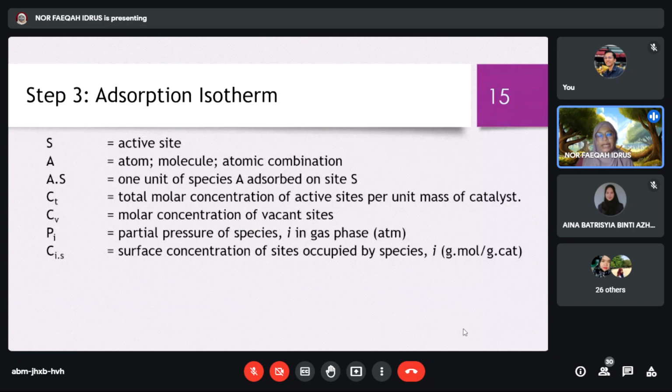Okay, so what is the difference between physical adsorption and chemisorption? Physical adsorption involves an exothermic process where the heat of adsorption is small and the force between the gas molecules is very weak.